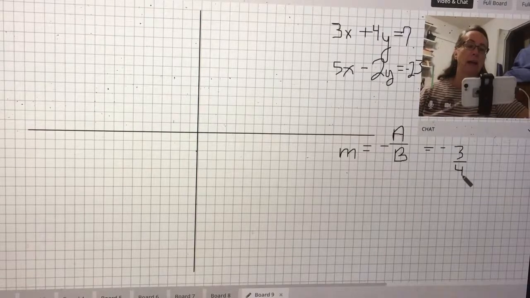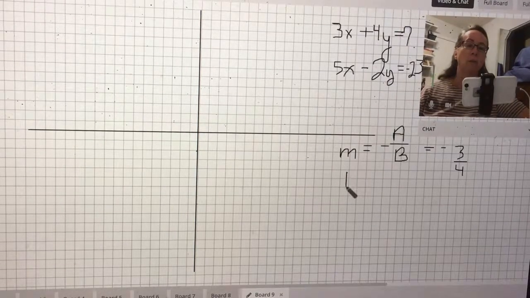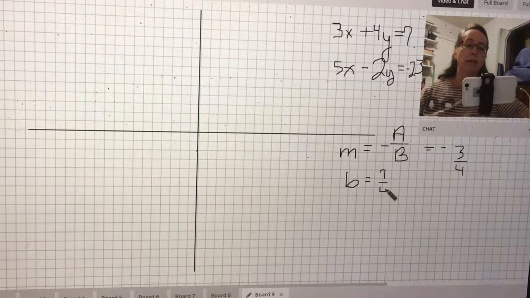And the y-intercept of the first line is c over b, which is 7 over 4. So the y-intercept is 7 over 4. Okay, so that's the first line.